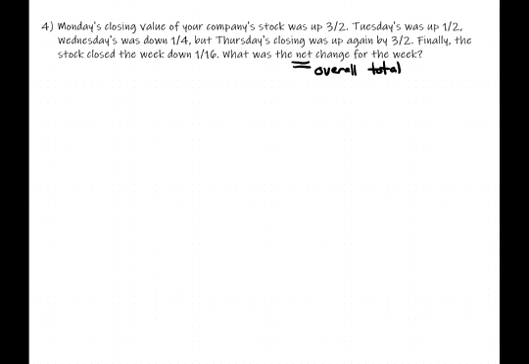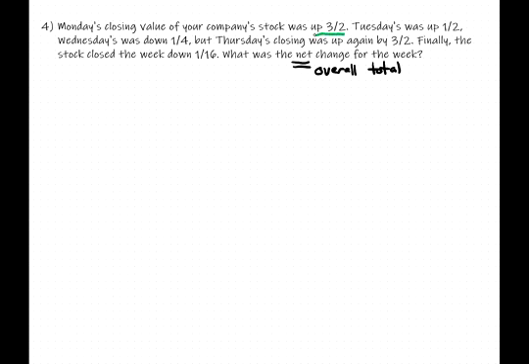So going back through the problem, on Monday, the stock was up 3/2. Up means increase. With any word problem, we have to translate the words from English into a mathematical expression or equation using numbers, letters, and mathematical symbols. So this idea of up, meaning increase, that's addition.